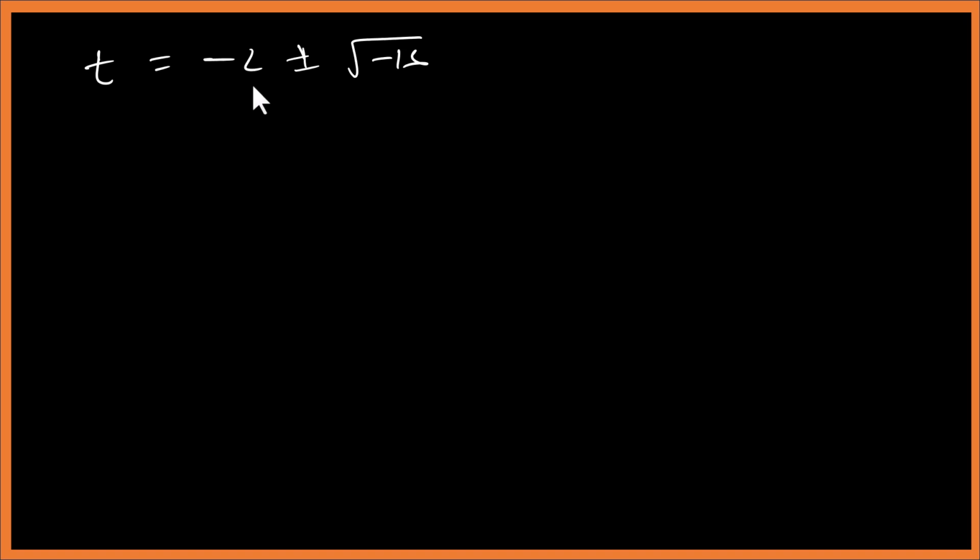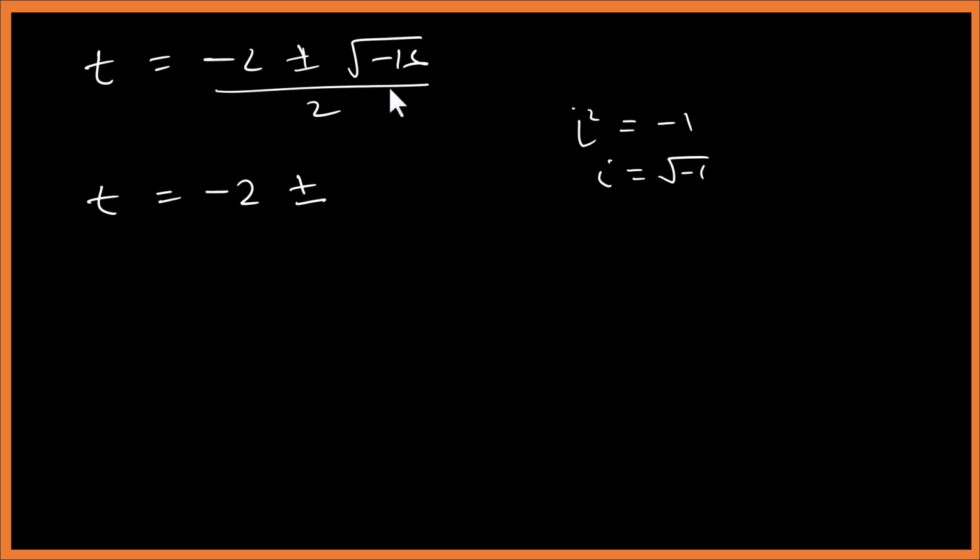Now, we know i squared, with complex numbers, is minus 1. So square root of minus 1 is i. So this is the same as minus 2 plus or minus square root of minus 1 times square root of 16, which is the same as minus 16.